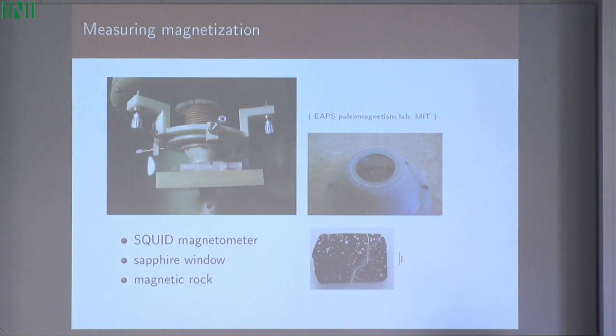We slice this rock, we glue it on the support there, and above there is a magnetometer which sees this rock through this sapphire window, and it's a scanning microscope. It goes above it in a horizontal plane, and point by point it measures the magnetic field which it produces.